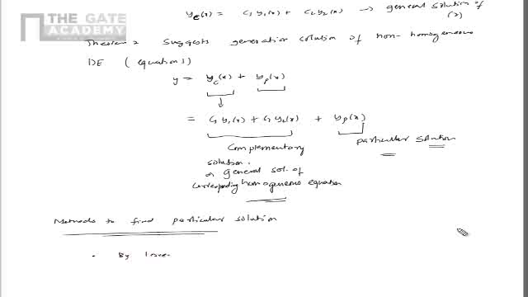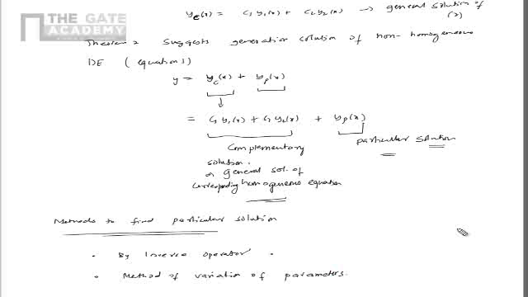Here you have two methods. One is the inverse operator method, and the second is the method of variation of parameters. We'll discuss each step by step, not going into detail, because the details require a lot of derivations.